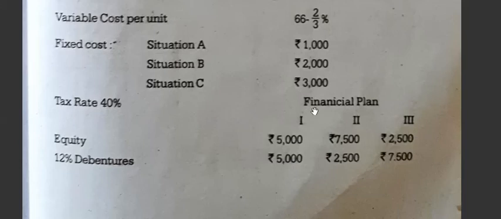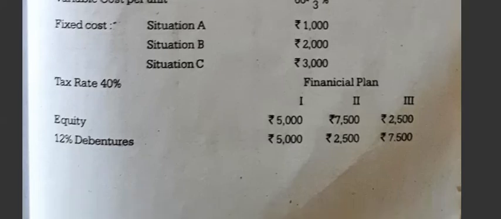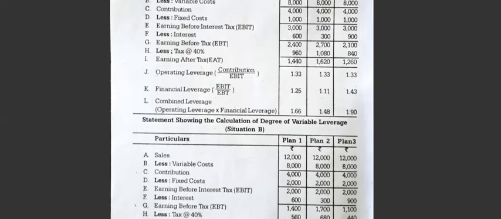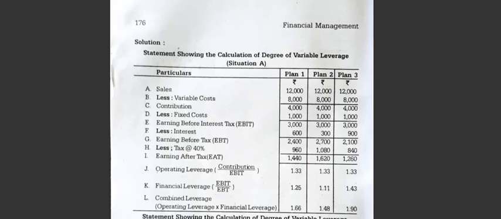So we will go for the first plan, plan A. There is equity of rupees 5,000 and debentures of rupees 5,000 at 12%.